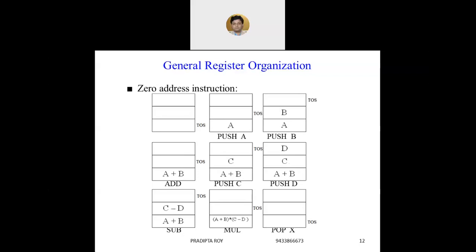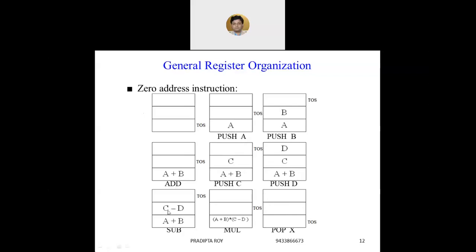So the system stack content is shown in the figure. Initially, the system stack is empty. When the push A operation is executed, the value of A is pushed into the stack. Then the value of B is pushed into the stack. Then these two are added, and the result is stored back into the stack.